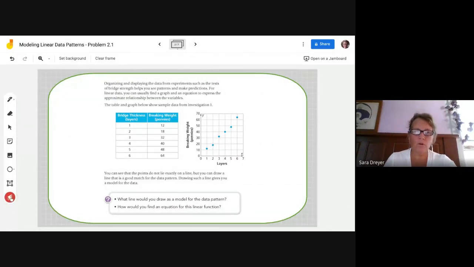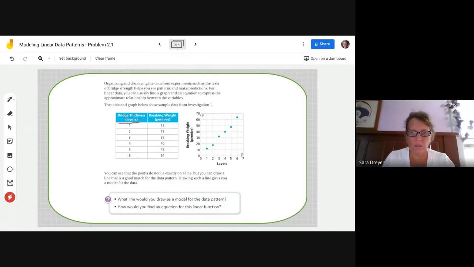Okay, organizing and displaying the data from experiments, such as the tests of bridge strength, helps you see patterns and make predictions. For linear data, you can usually find a graph and an equation to express the approximate relationship between the variables. The table and the graph below show the sample data from investigation 1.